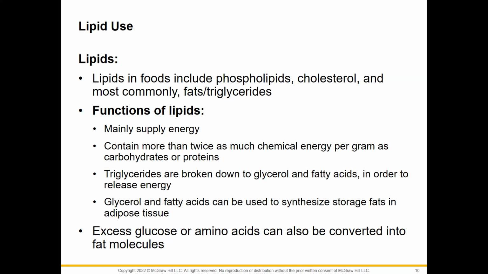If we have 1 gram of meat, we know how much energy each of those molecules will produce. 1 gram of fat has the potential to give us twice as much energy as either carbohydrate or protein. All right, so twice as much chemical energy per gram as carbohydrates or proteins.